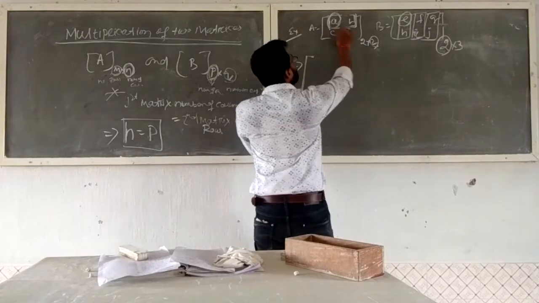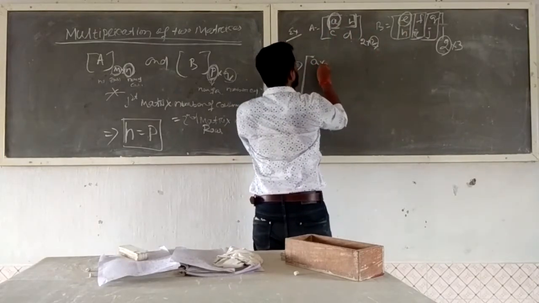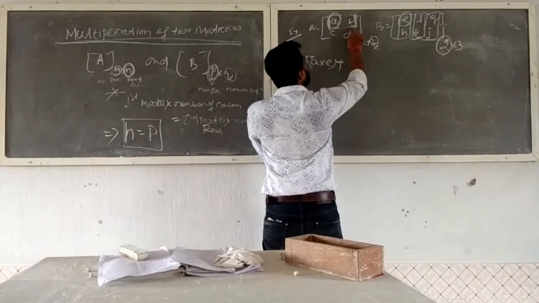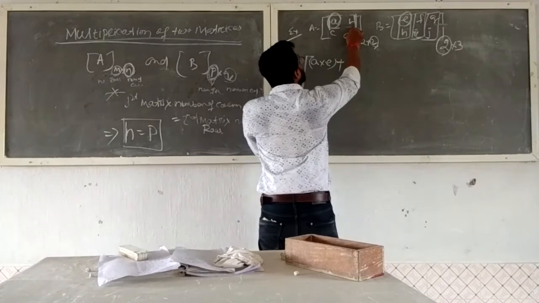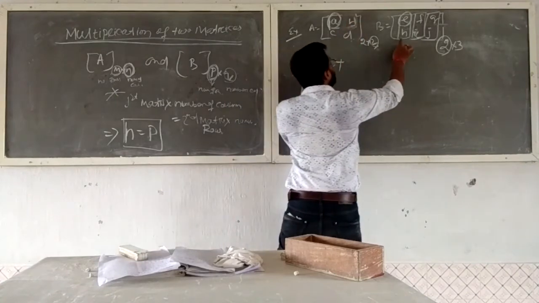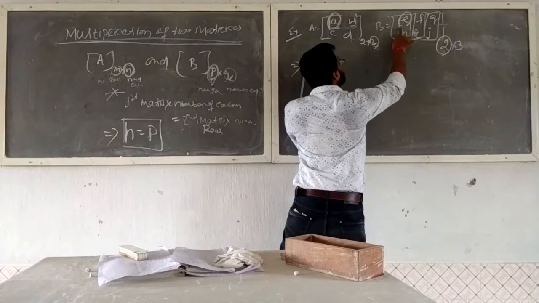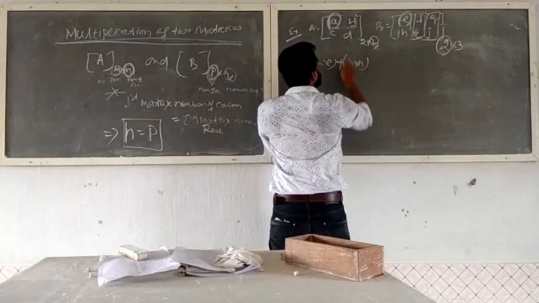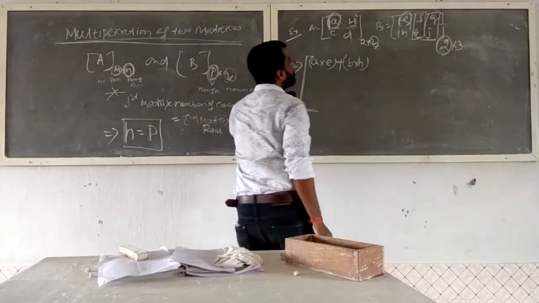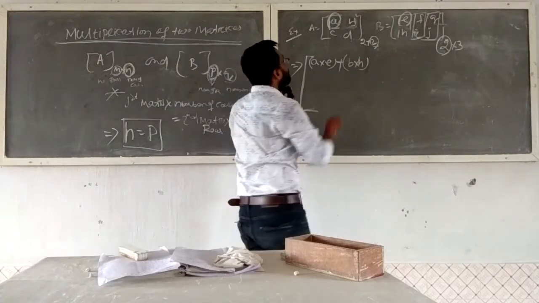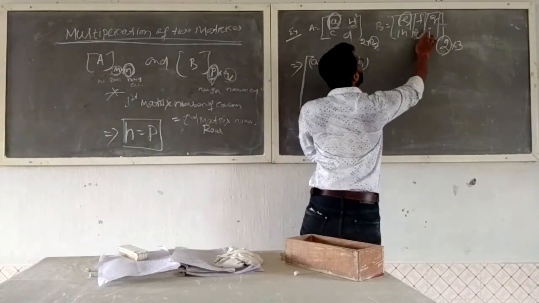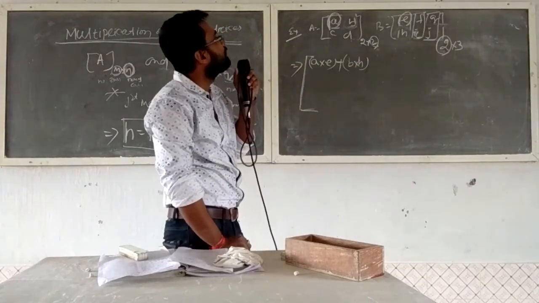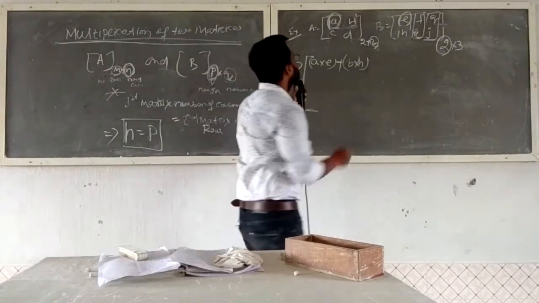That is, A is multiplied with E, so A cross E, plus the second element of the first row is multiplied with the first column. The second element B is multiplied with the first column of the second matrix, that is B into H. Similarly, the multiplication will continue till the ending of the second matrix's columns.